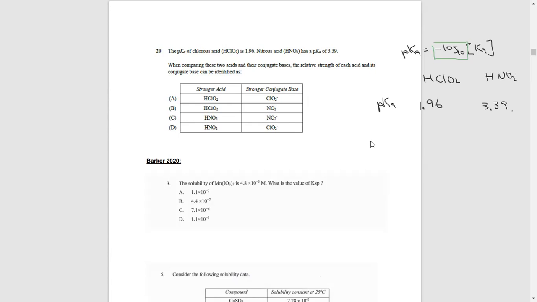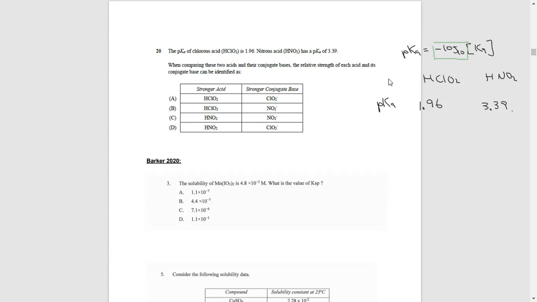Now, what may be confusing for some students is that the pKa and the Ka, because of the minus log base 10 relationship, is not the same, in the sense that, think about it in terms of pH, right? The lower your pH, the more acidic your acid is.